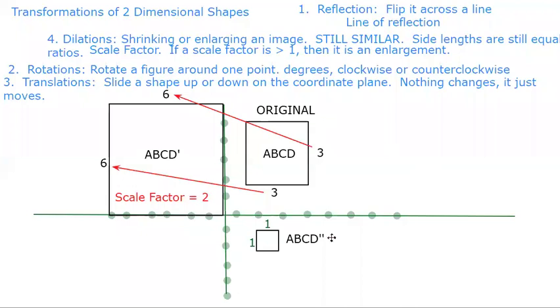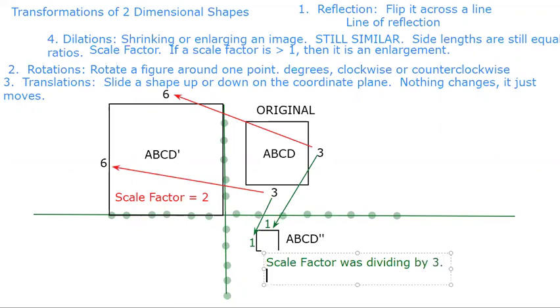So look at the original and now look at the dilated figure. Both of those we do what? How do we get from 3 to 1? The scale factor was dividing by 3. You have to put that as a number.